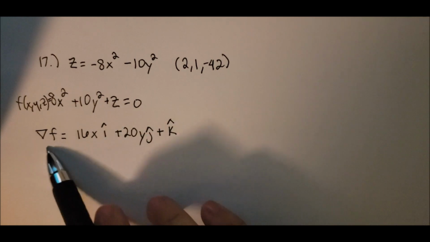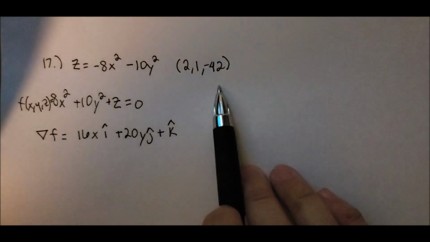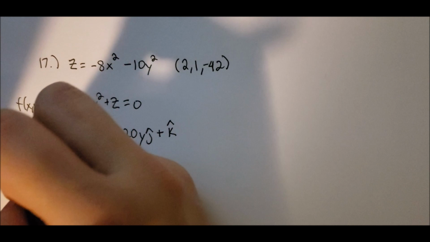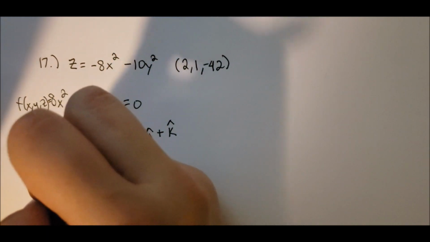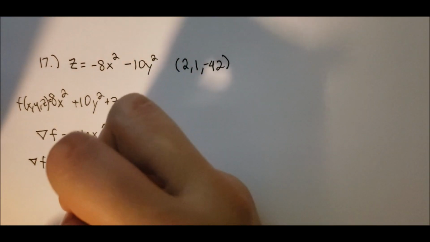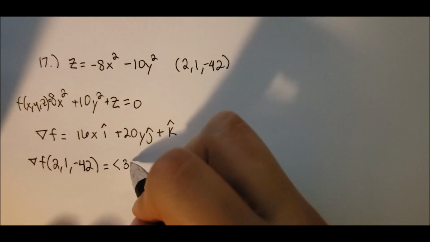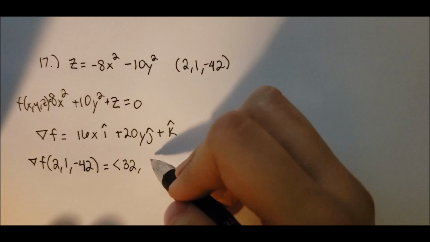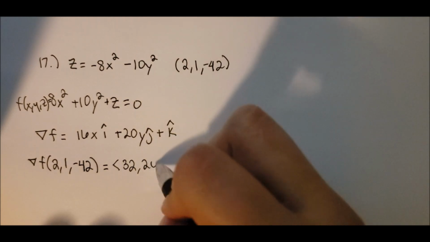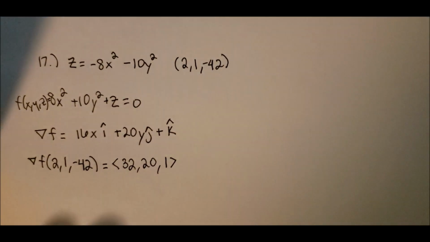So then I'm going to evaluate the gradient at the point. And I get the vector 32, 20, 1.